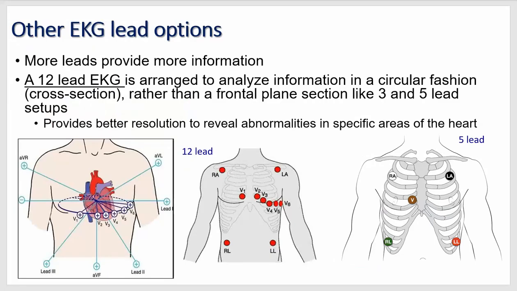It's really tricky to place them correctly. That's what gives us consistency when we place them. More leads gives more information. One thing we have to be aware of is that there is a 12 lead EKG. It's going to have the right, left, and the lower leads, upper leads, to left leg, left arm, right leg.